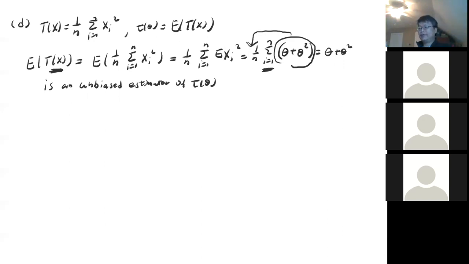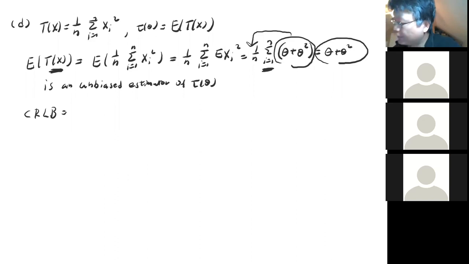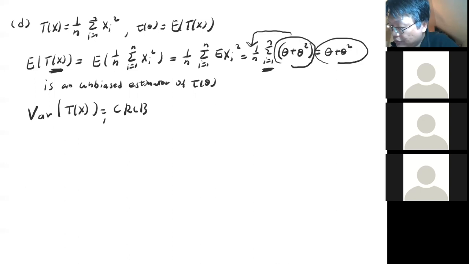So right now you find that tau theta is theta plus theta squared, and then you are trying to find the CRLB for theta plus theta squared. Eventually you are trying to claim whether or not the variance of Tx is going to reach the CRLB. We are trying to show this, okay?